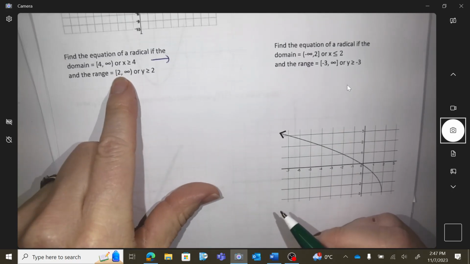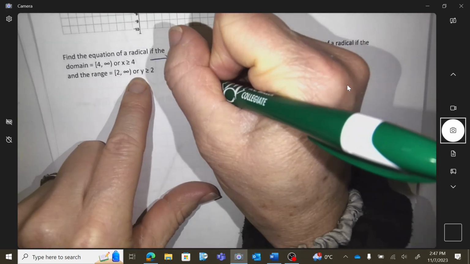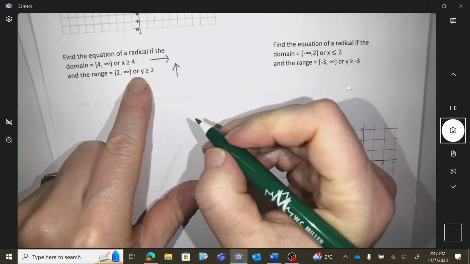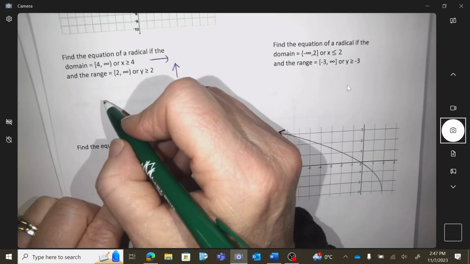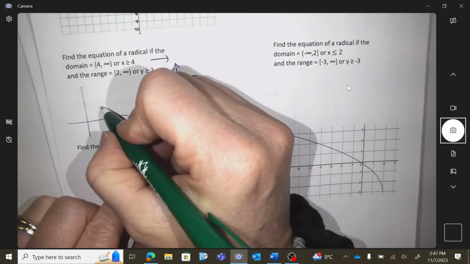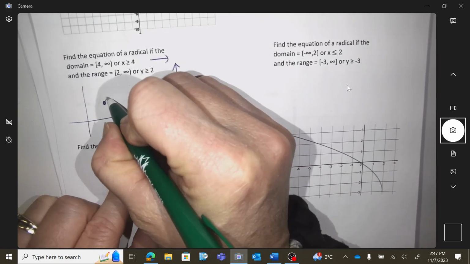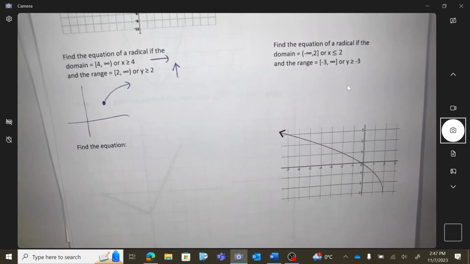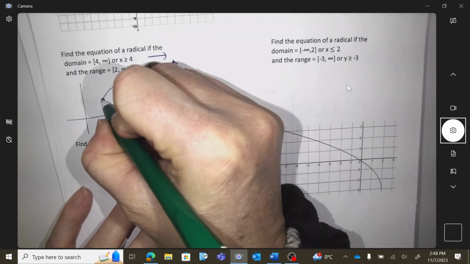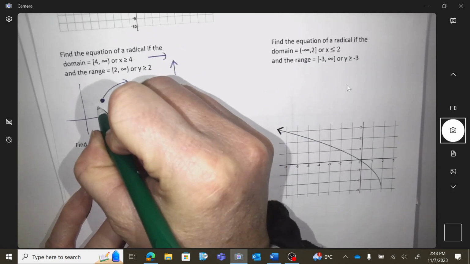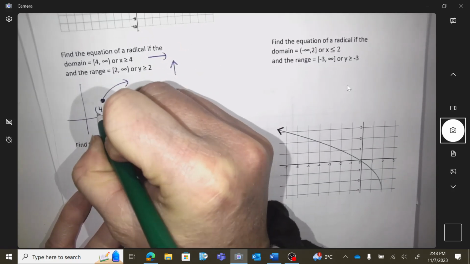And the range is 2 to infinity, so that range would head upward. So how do you head up and right? And what is the coordinate here? 4, 2.